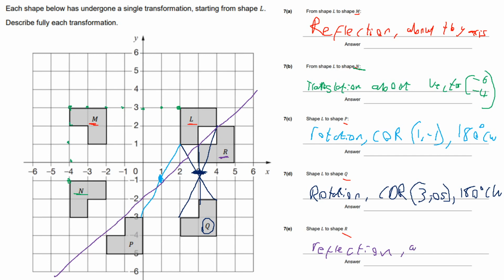So it's about line y equals x. Sorry, let me rewrite that. Y equals x -2.